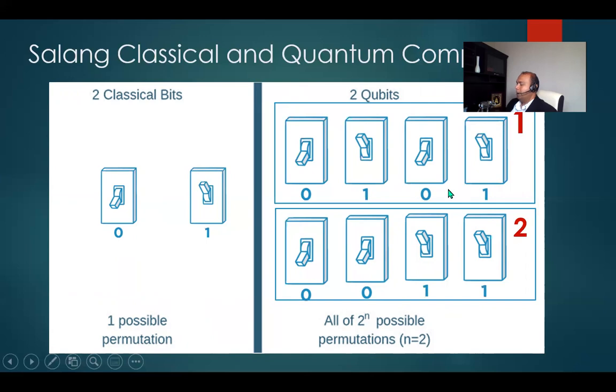And in quantum, as we said, n is equal to 2. So this is switch 1, and this is switch 2. Switch 1 is 0 and 0, off and off, and switch 2 is off and on, and off and on and on. So what you could do with these two switches, with two classical bits, if you use two quantum bits, you could do these four permutations, which is 8 states.